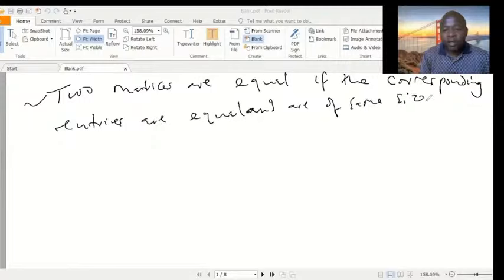So if they're of the same size and the corresponding entries are equal, then we say that the two matrices are equal.